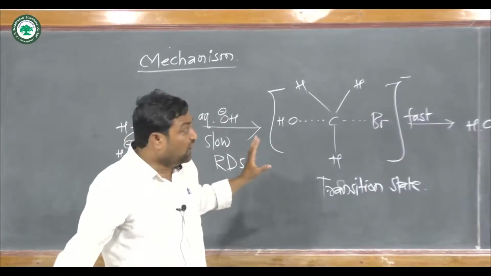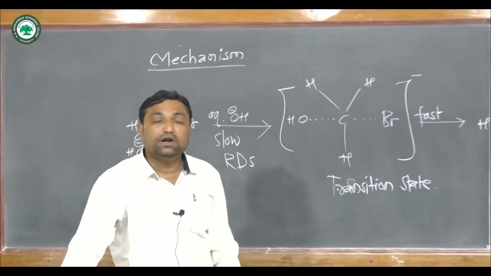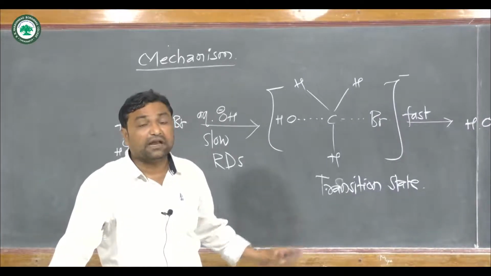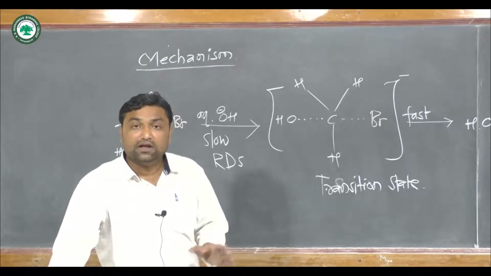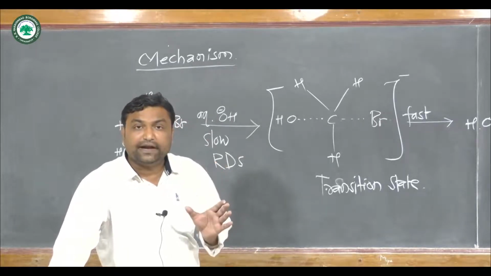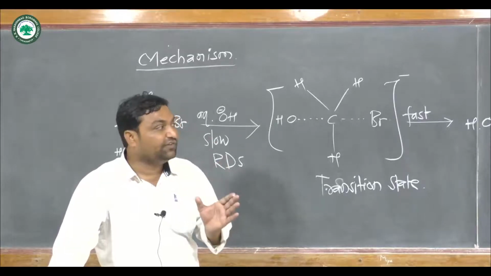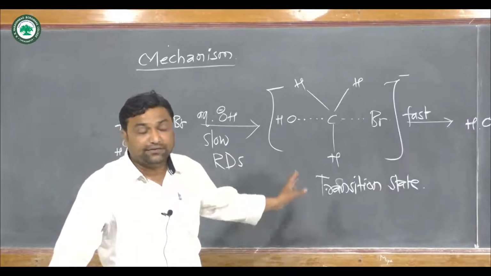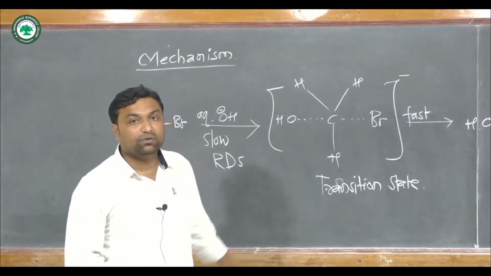Now on the basis of the mechanism, we have to draw the energy profile diagram of SN2 reaction, and we also know that the energy profile diagram is plotted as potential energy against reaction coordinate. Now we have to see the energy profile diagram of SN2 reaction.